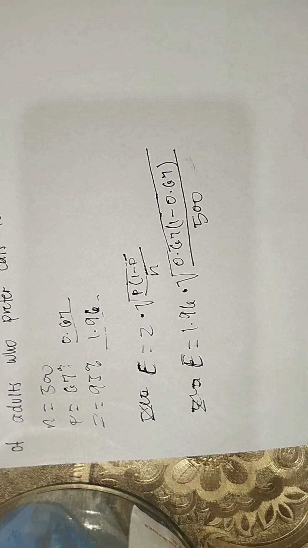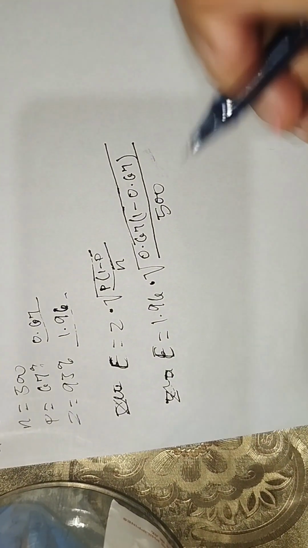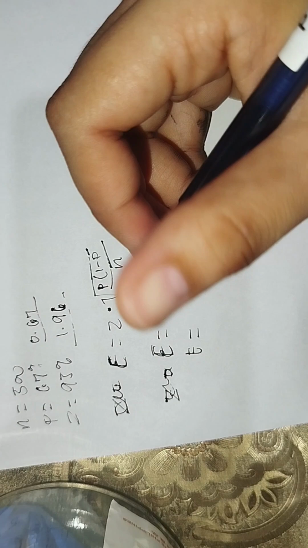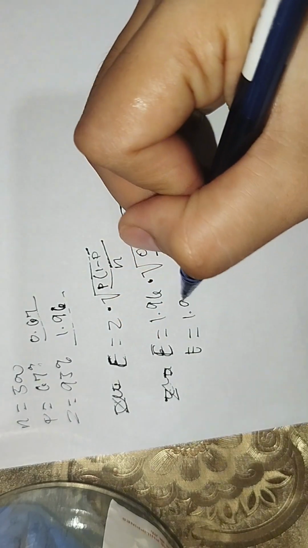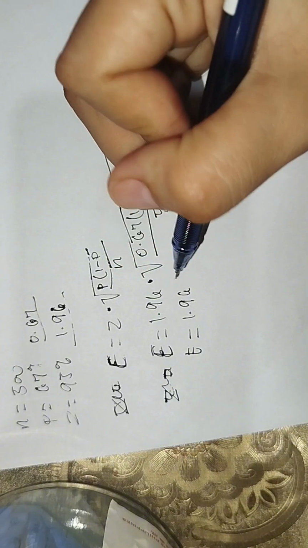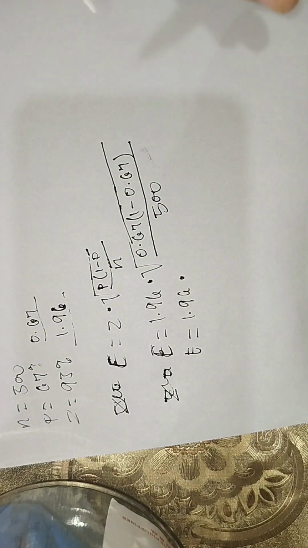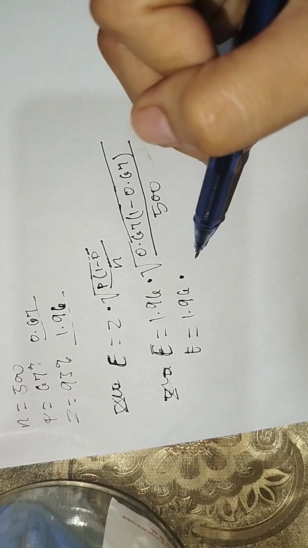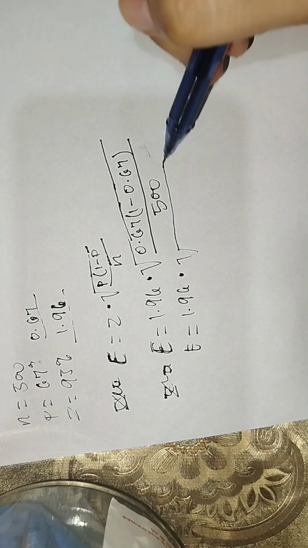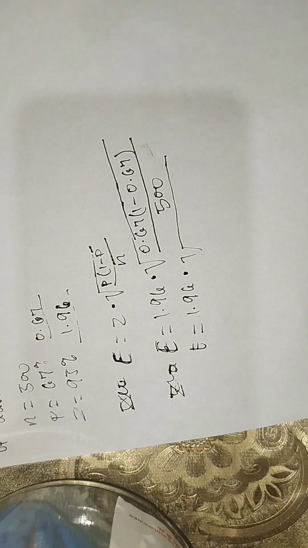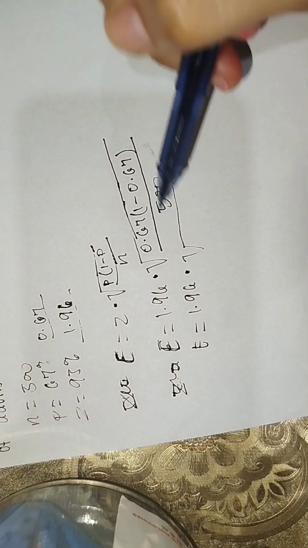So, sunod kay copy the 1.96, then times square root 1.